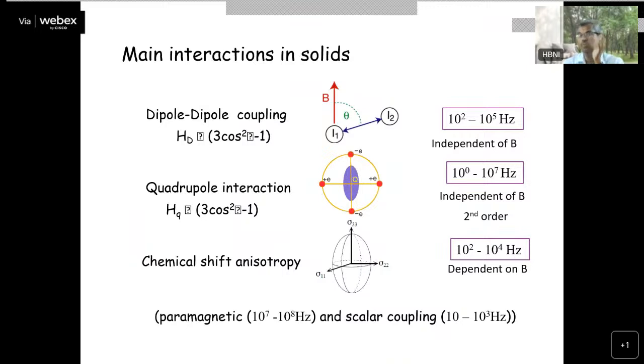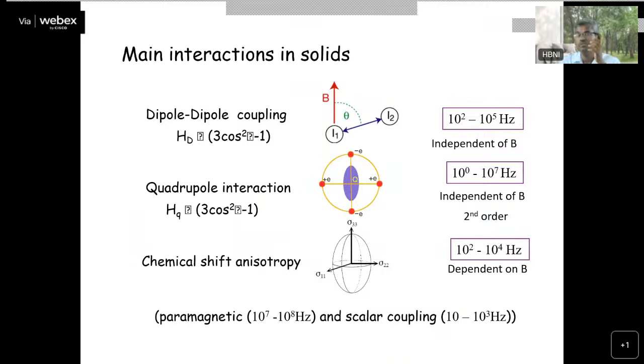In a powder sample, you have all sorts of orientations. If you take a single crystal, of course, we have different orientations. But the moment you go to powder samples, we have a random distribution of grains, crystals, etc. So the bond vector must be randomly oriented. It will not be at a particular angle theta with respect to the applied magnetic field; it will be randomly oriented.